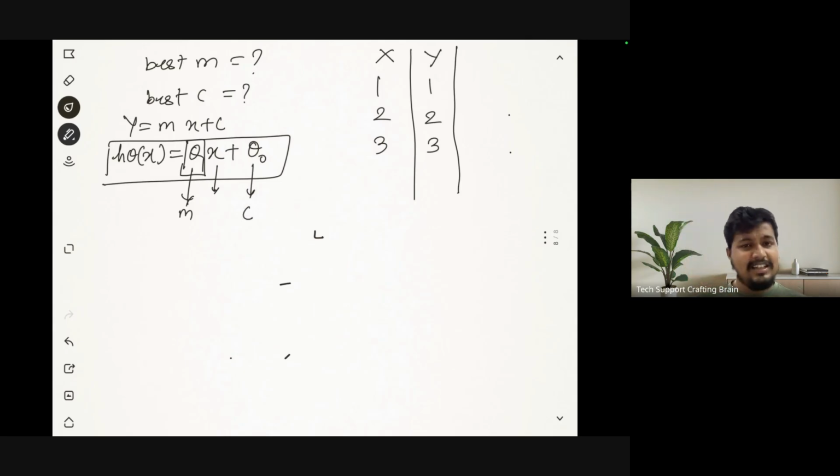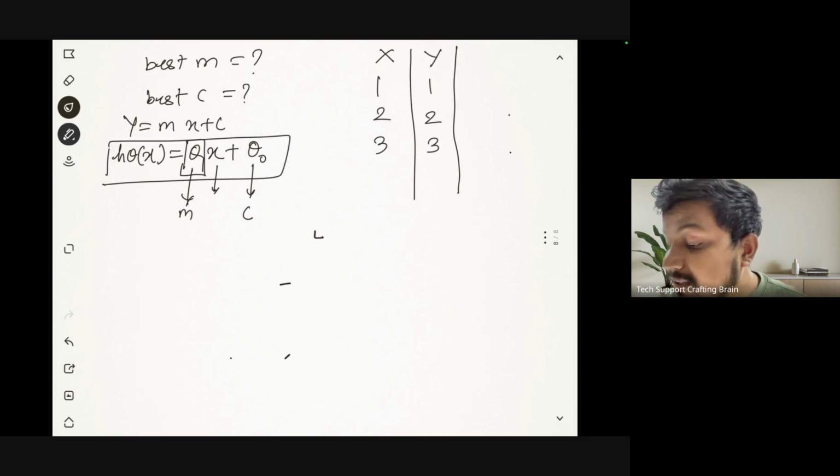Nothing more I am doing right now, guys. I'm just writing one more equation for it. Why am I writing it? Because there is a reason. X and Y both are present right now, and I wanted to have my own prediction.